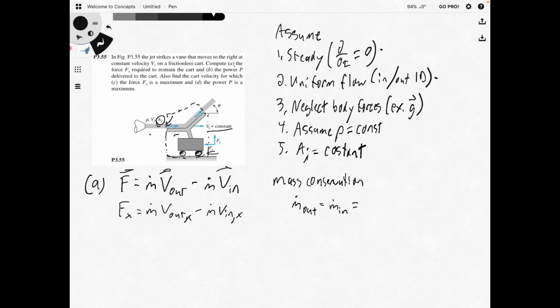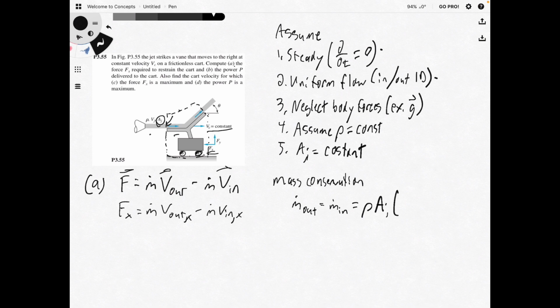So m dot out is equal to m dot in is equal to rho, our constant density, times the area of the jet, constant area of the jet, times the velocity of the jet as it's moving in relative to the motion of the cart.